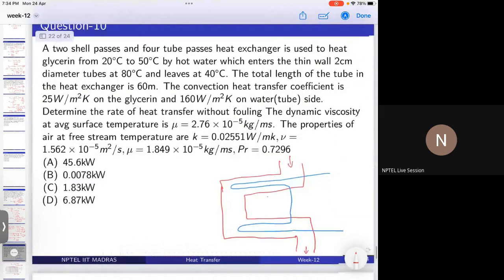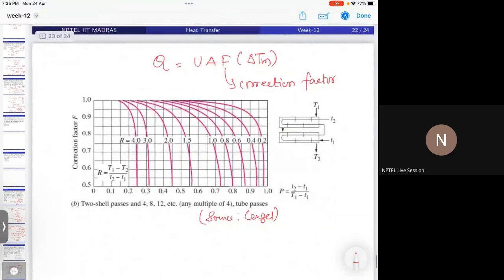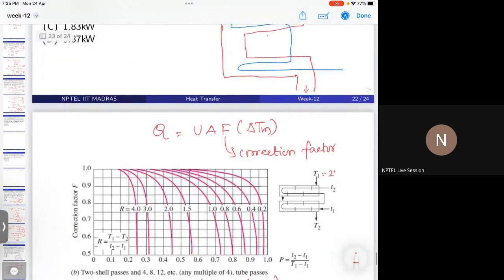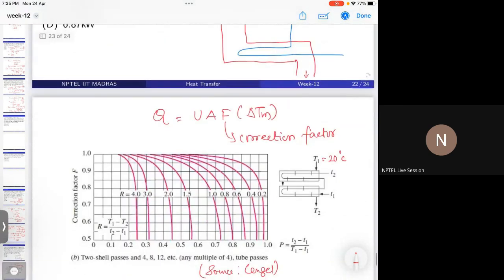So it's a 2 shell pass and 4 tube pass, and is used to heat glycerin from 20 degrees Celsius to 50 degrees Celsius by hot water, which enters the thin wall tube and leaves at 40 degrees. So this is 20 degrees, and leaves with 50 degrees.